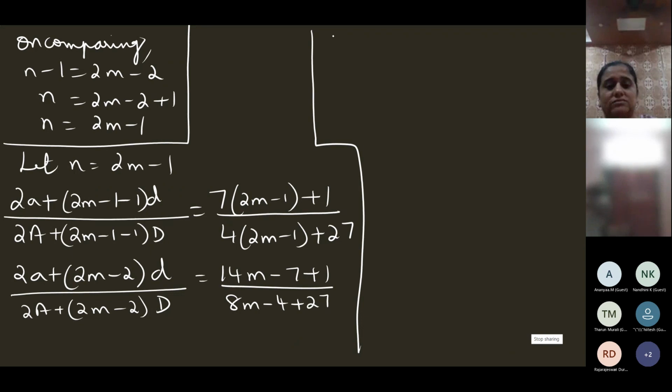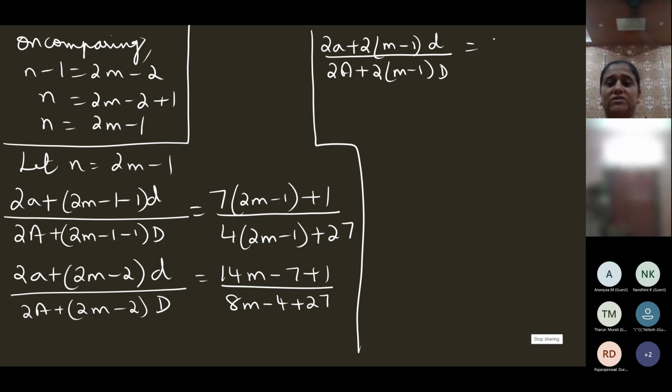So 2a plus 2m minus 2 d. Now take out 2 common. 2 into a plus m minus 1 d, divided by 2 capital A plus 2 into m minus 1 capital D, is equal to, simplify this, 14m minus 6 by 8m plus 23.